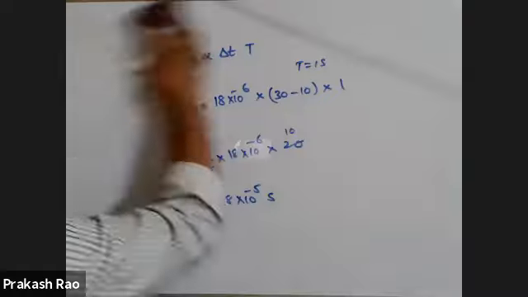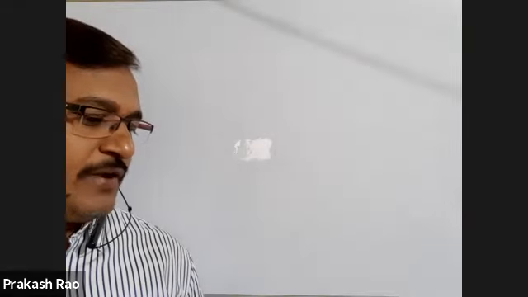Next, question number 14. A metal plate of area 1.2 meter square increases in its area by 2.4 into 10 power minus 4 meter square. Increase in area means delta A. A is given 1.2 meter square. Delta A is given 2.4 into 10 power minus 4 meter square. When heated from 0 to 100 degrees centigrade, the coefficient of cubical expansion of the metal expressed per degree centigrade is.